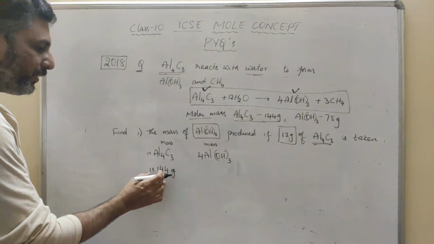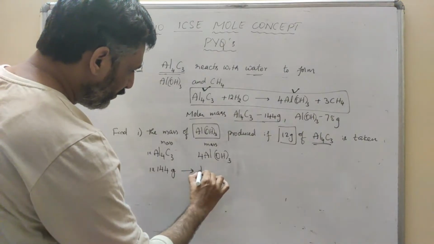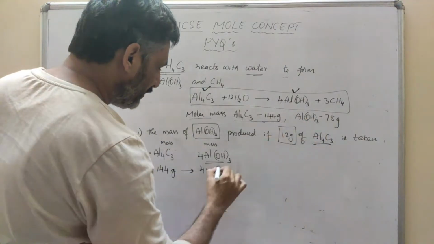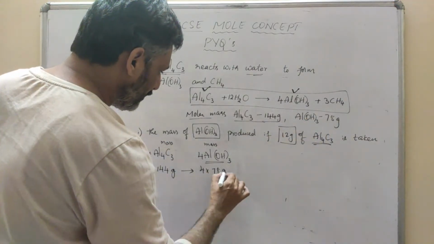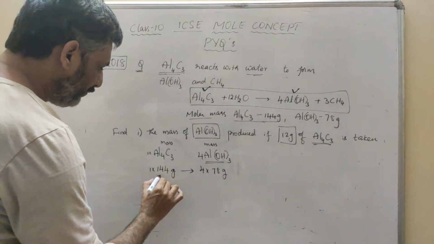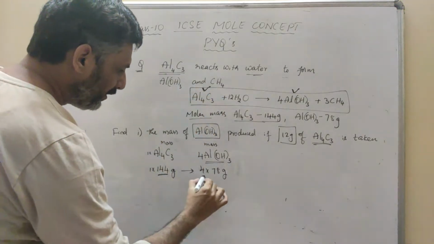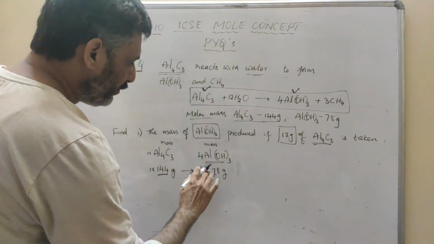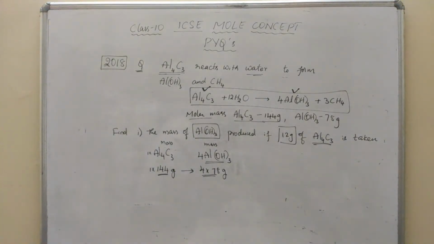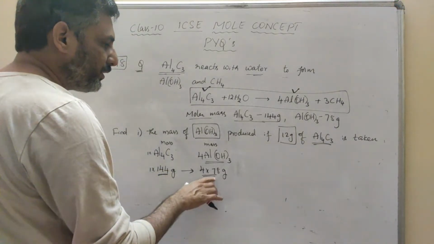When you take 144 grams of aluminium carbide, it will give you 4 into the molar mass of aluminium hydroxide, 78, that is 4 into 78 grams of aluminium hydroxide. So for this 144 grams, this much aluminium hydroxide you will get.